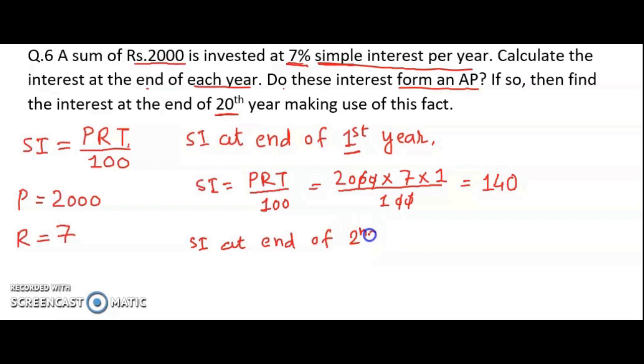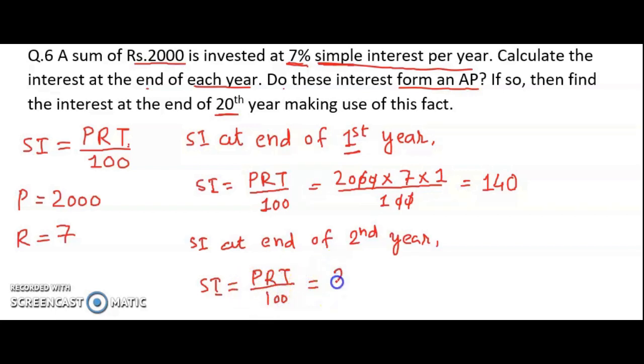Now same way, if you want to calculate the interest at the end of the second year, the simple interest will be PRT divided by 100.